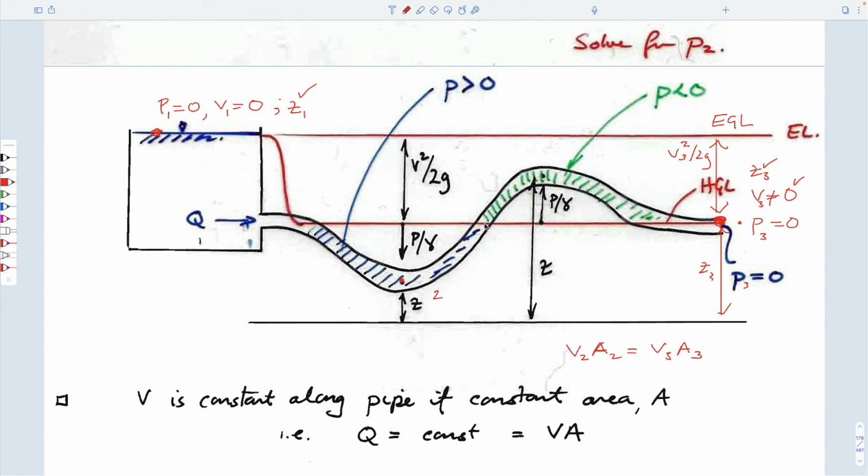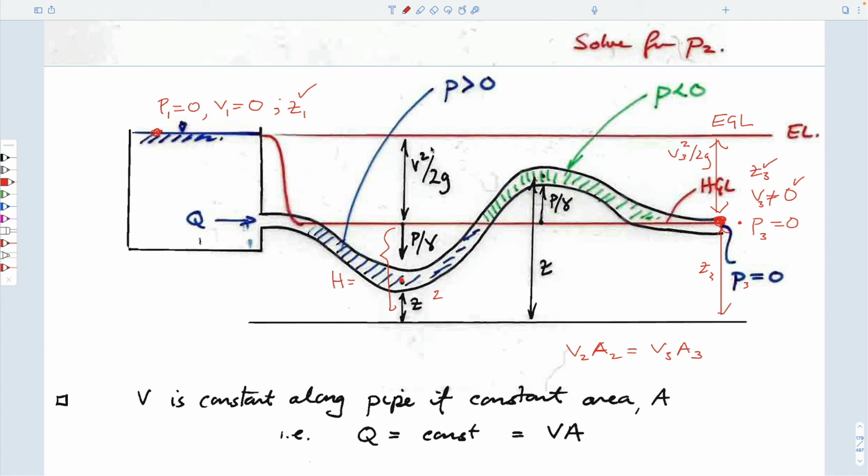Has to be by de facto because the cross-sectional area of the pipe is not changing. So that means then if we look at these values as we go to these different locations, this one's the easiest one to do. This will be the elevation. To get to the hydraulic grade line, we have to add the pressure because together these two values equal H.